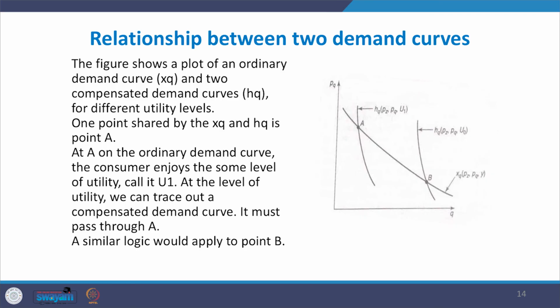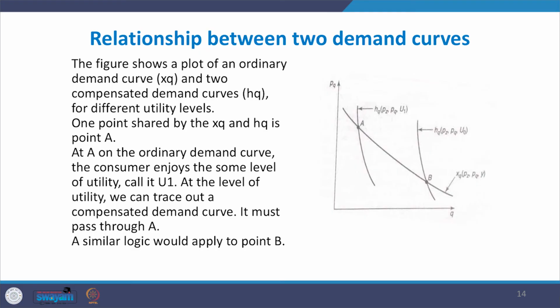Now, what is the relationship between these two concepts of demand? From this graph you can see that every point on the ordinary demand curve has one compensated demand function. Like, a point on the ordinary demand curve corresponds to one compensated demand function, that is HQ(PZ, PQ, U1) when utility is U1.